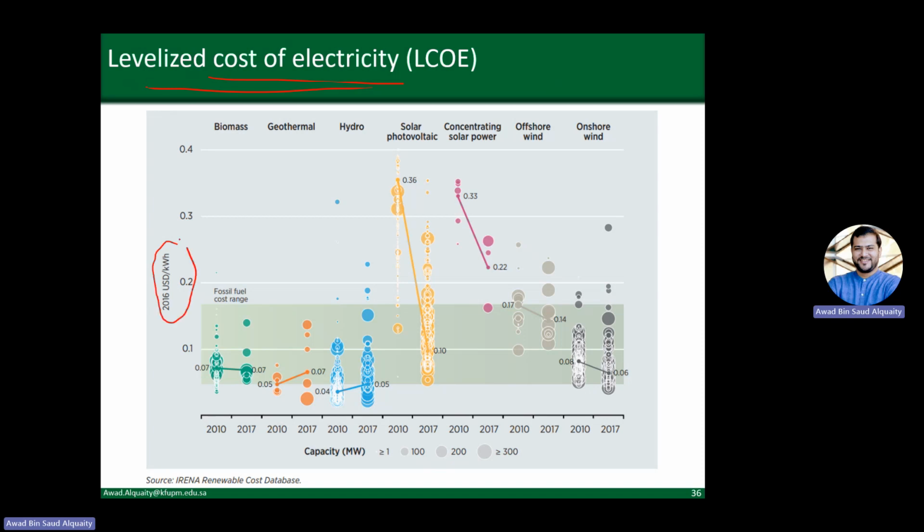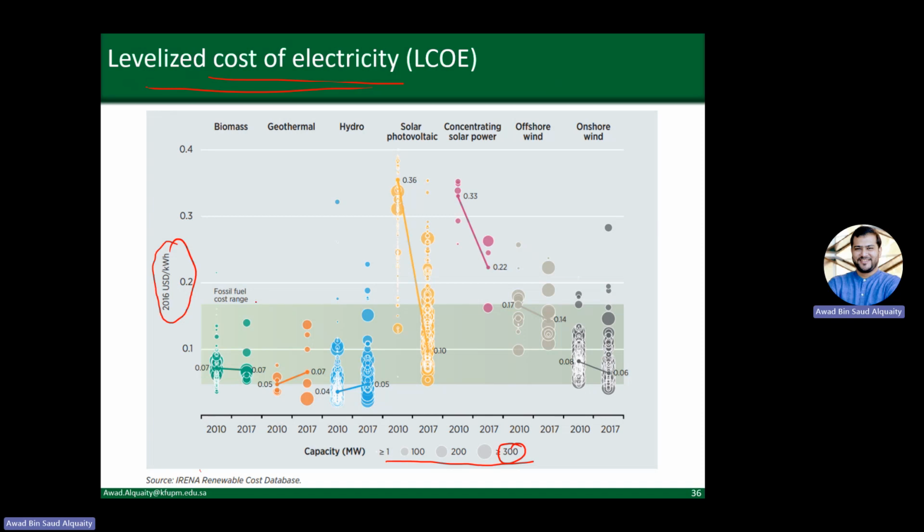This is from 2016, right? And the size of the bubbles that you see here indicates the capacity of the power plant built, right? So the bigger bubbles refer to much bigger capacity. So the biggest bubble, for example, corresponds to capacities greater than 300 megawatt, which is reasonably large. And this again is from the IRENA renewables database, as mentioned here.